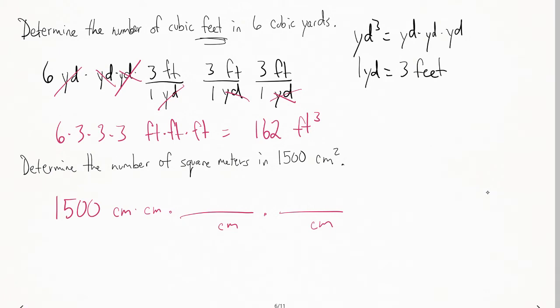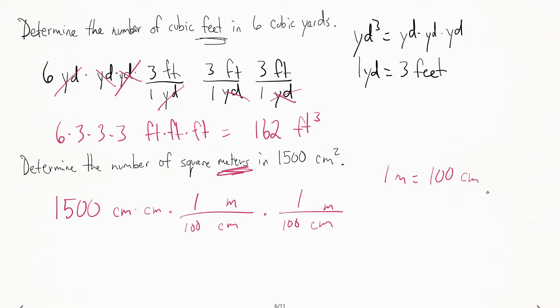So what we want to convert to is meters. So we'll put meters up above. So we need to think of a conversion that has meters from centimeters. So if you think about it, 1 meter equals 100 centimeters. So that means we'll put 1 meter up top and 100 centimeters down below. Put 1 meter up top, 100 centimeters down below again.